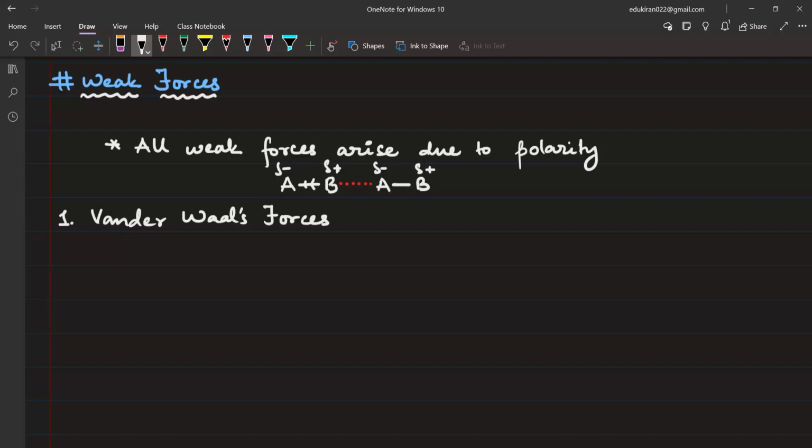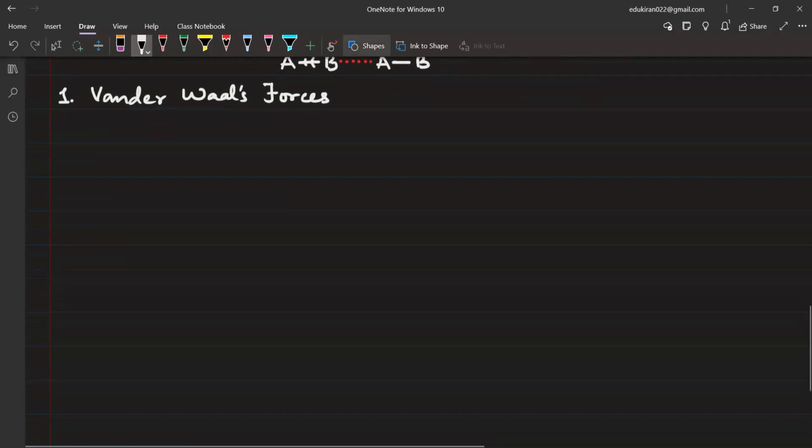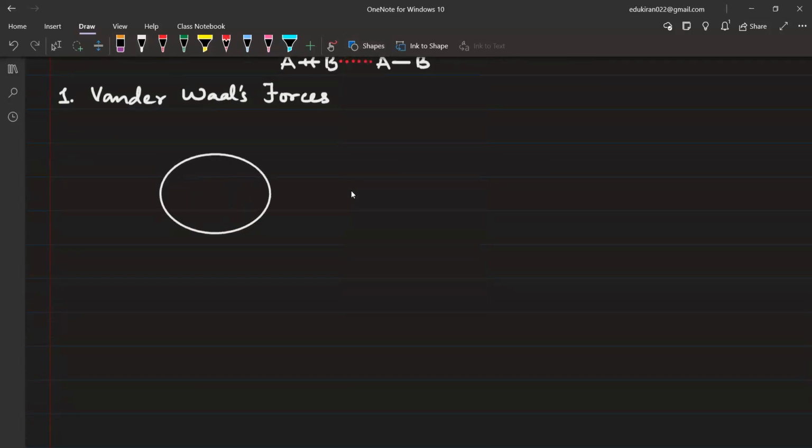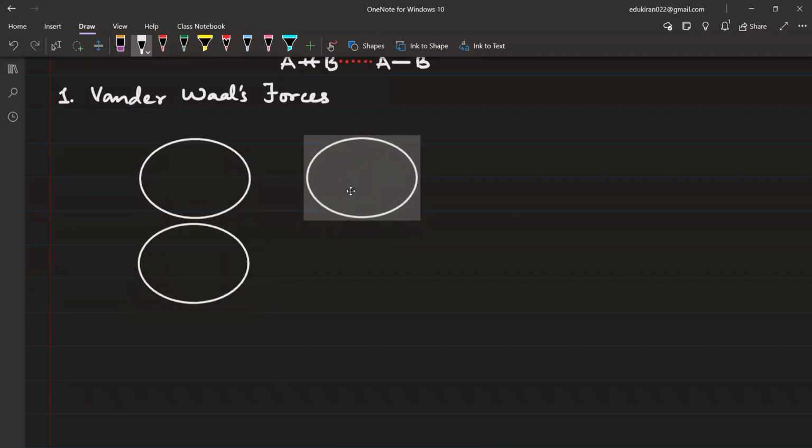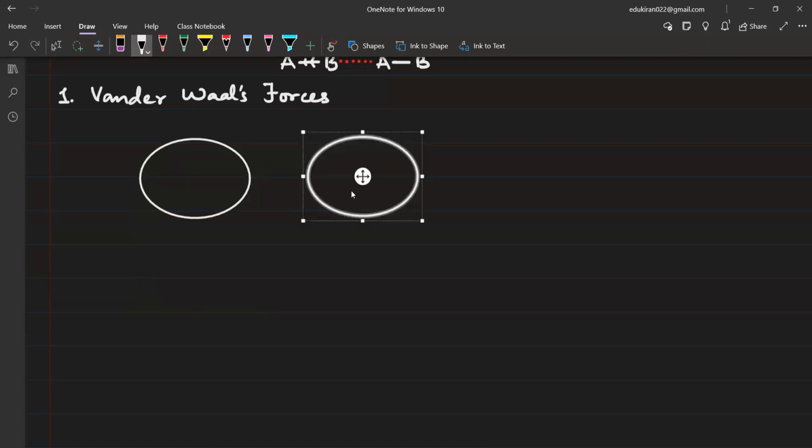Let us suppose we have some molecule like this. And this molecule on its own does not have any delta positive or delta negative charges. But as you know, the molecule is made up of atoms, and outside the atoms we have electrons, right?